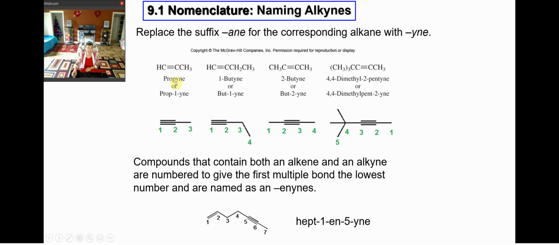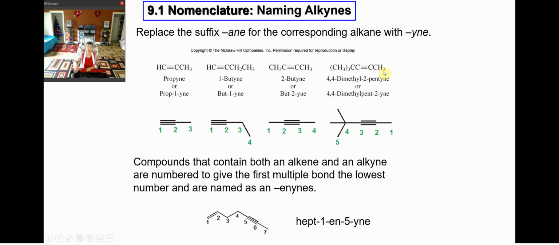Change propane, A-N-E, to propyne. Change A to Y. So if I have butane, the second molecule is called 1-butyne. The third molecule has 4 carbons, with the triple bonded carbons located at number 2 and number 3. In this case you call it 2-butyne.